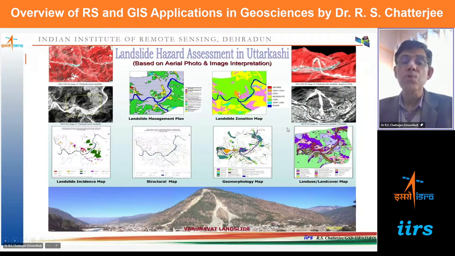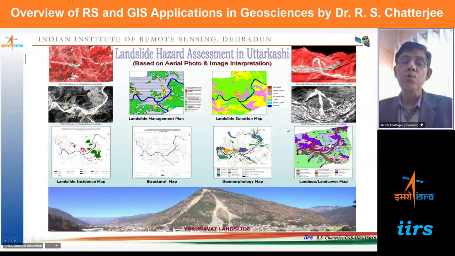Here we showed that some of the areas are highly susceptible zones. These maps we prepared in 2000 at ISRO. There was a project, the National Landslide Project. Here we studied the major pilgrimage routes in Uttarakhand and major tourist routes in Himachal Pradesh, and we prepared this kind of maps. And we have shown the very high or severe hazard zones.